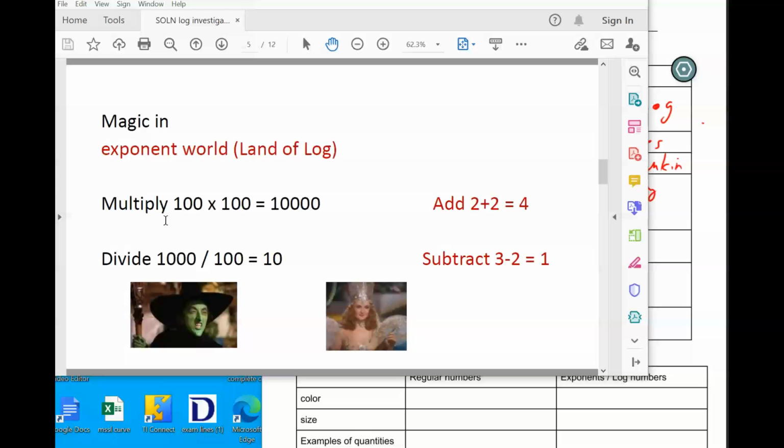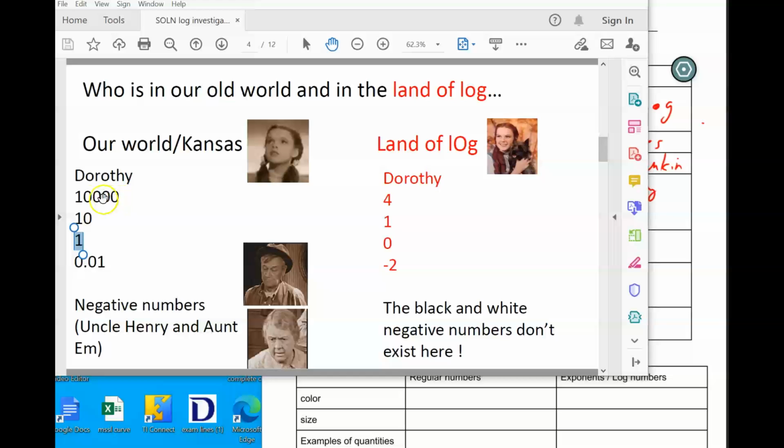Multiplication and division are the challenging math operations that we learned later in school, and especially division is quite difficult, right? So multiplication and division are time-consuming processes in our regular old world in Kansas. It turns out that if we go to the land of Log, we can do magic and do the same operations.